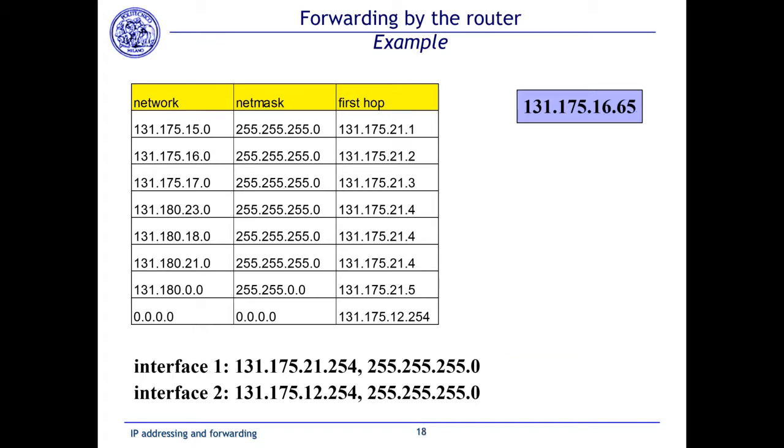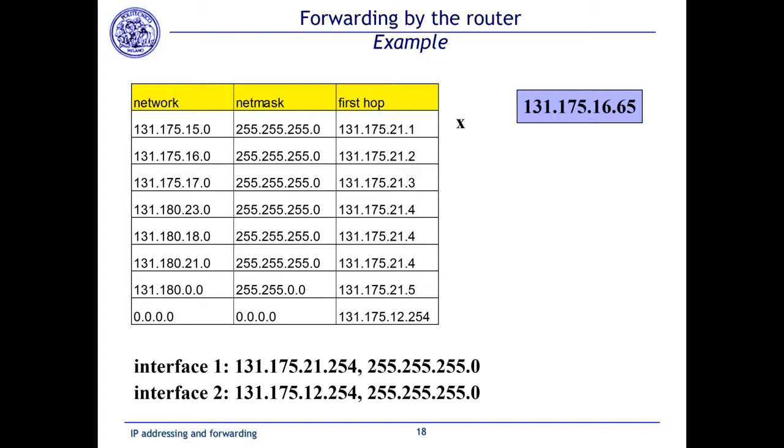This is another packet that is received. Again, it is matched against the interfaces, but in this case you have no matching, so you have to look up into the routing table. You can see that this packet does not match the first entry, because there you have a net mask of length 24.